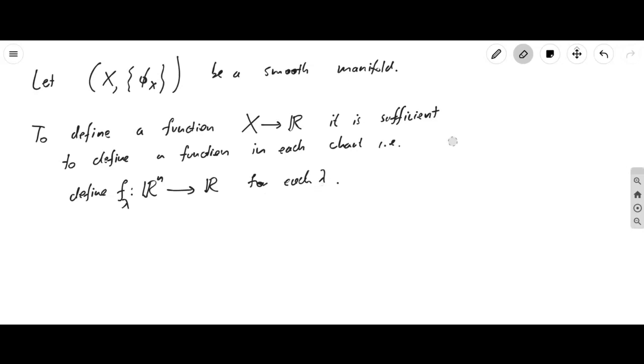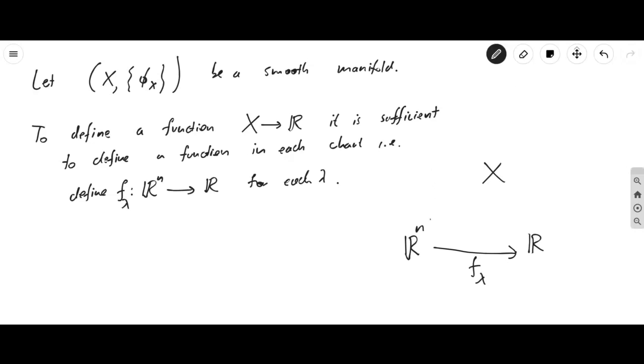So what's the idea? So let me draw a picture for you. Here is our manifold, and I want to define a function going into R. So instead of defining a function from the manifold into R, I can do it differently. I can go into my chart, and I can define a function from the chart into R, bypassing the manifold. Now, what's the idea?